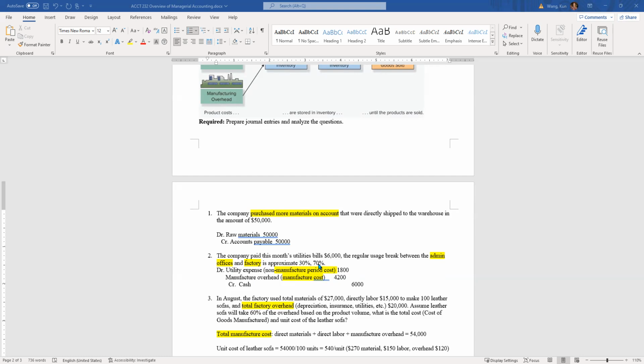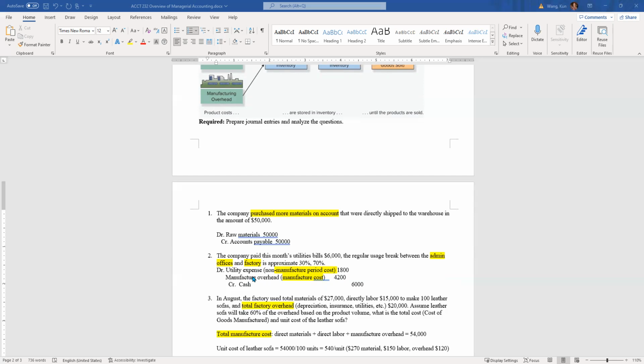That may depend on, maybe, the square feet of the office, like the space they occupied or some other measurements. But anyway, it's given. So 30% goes to the admin and 70% of the $6,000 will be captured by the factory expenses.